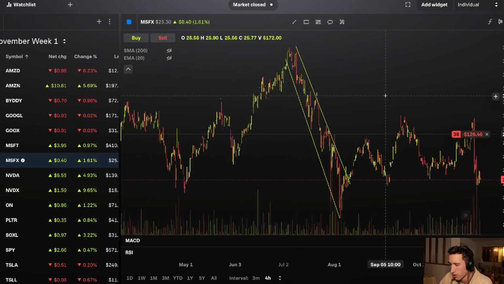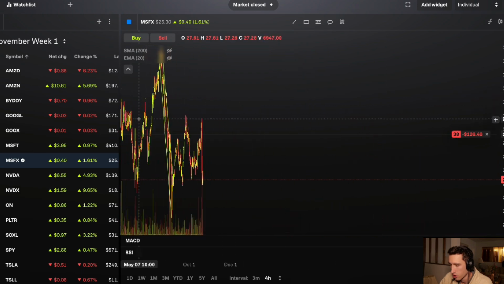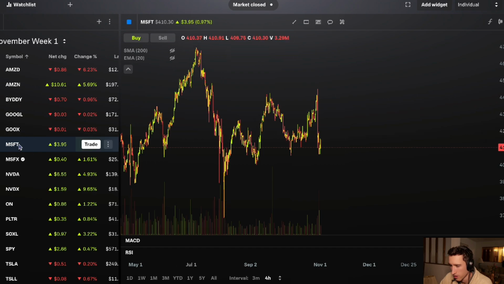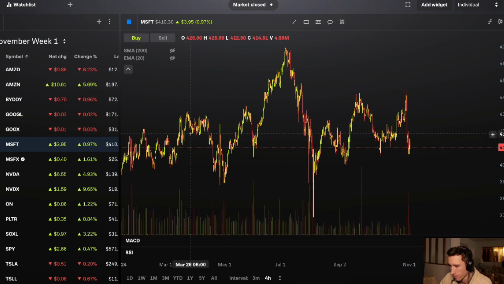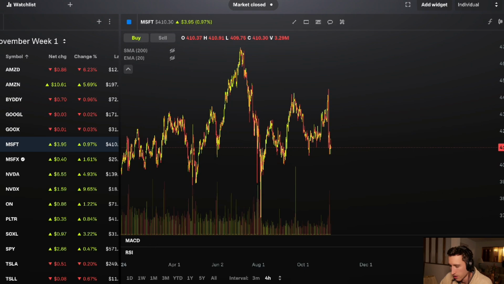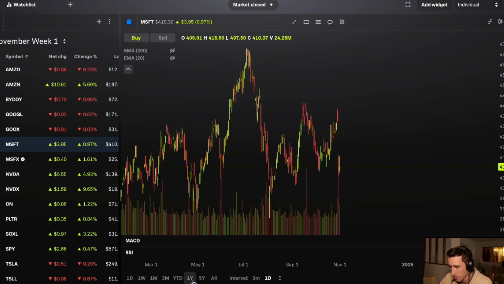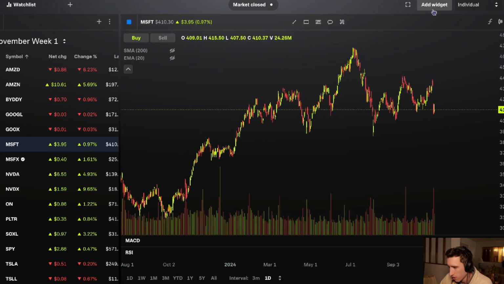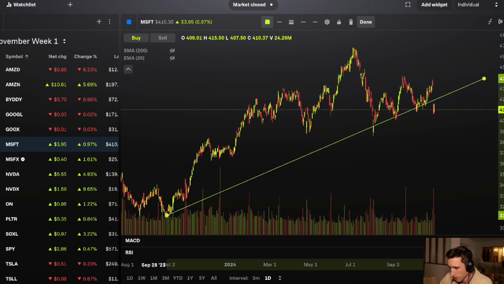So now we identify the direction of Microsoft. Okay, so let's go over to the main Microsoft stock. And if we look at Microsoft stock over the past year, we could see this overall direction of going upwards, right? So you could see from here all the way up.